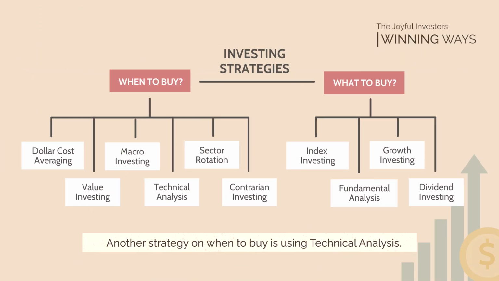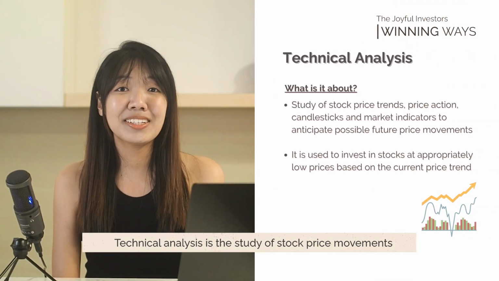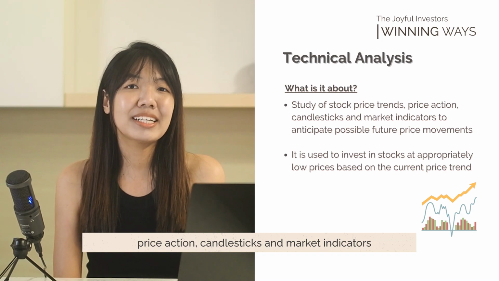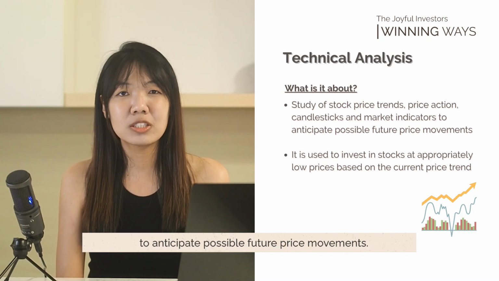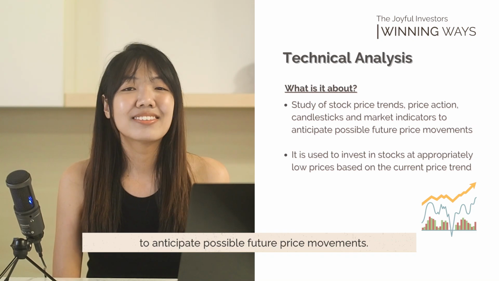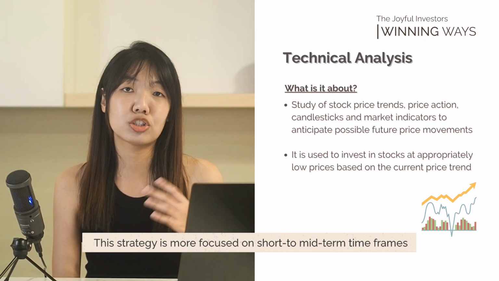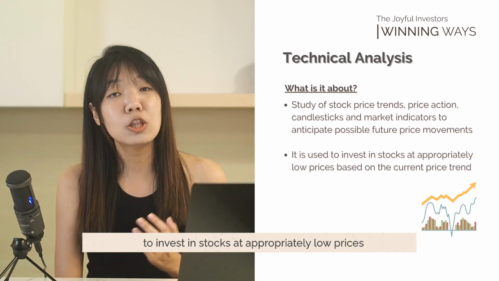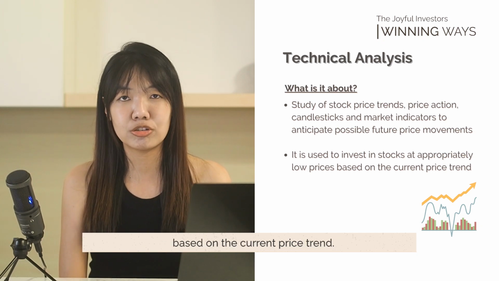Another strategy on when to buy is using technical analysis. Technical analysis is the study of stock price movements, price action, candlesticks, and market indicators to anticipate possible future price movements. This strategy is more focused on the short to mid-term timeframes to invest in stocks at appropriately low prices based on the current price trend.